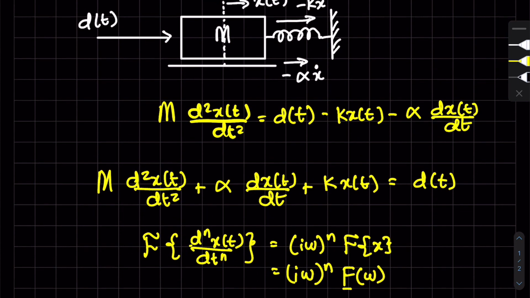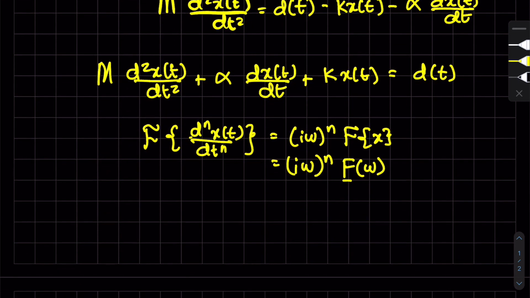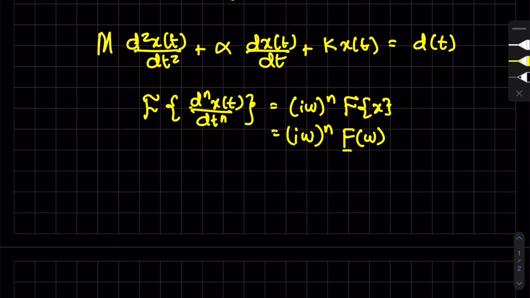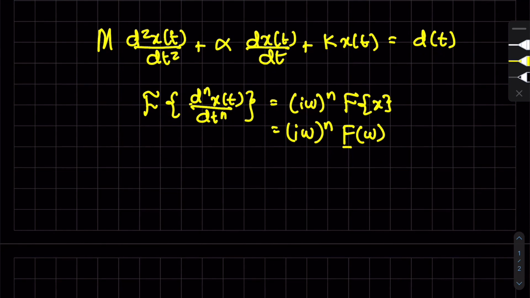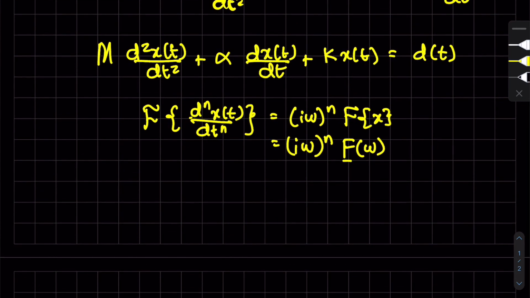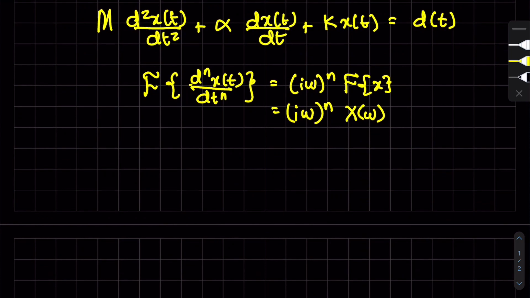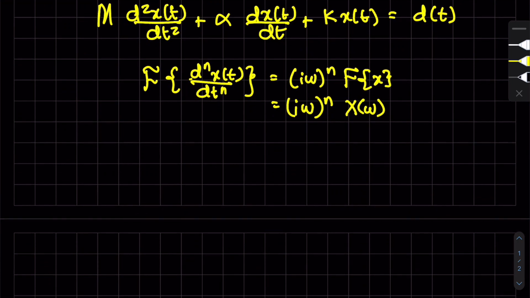So this is a nice transformation rule we know. We're going to convert this differential equation into linear equations where we have to just solve for capital X. Maybe I should call this capital X of omega. We have to solve for capital X of omega and then invert the transform to get back x of t.